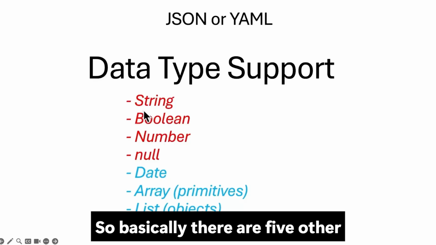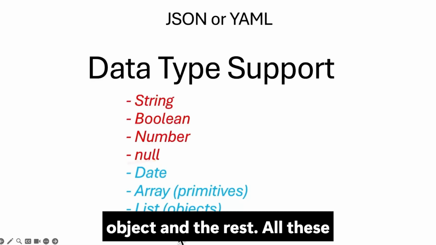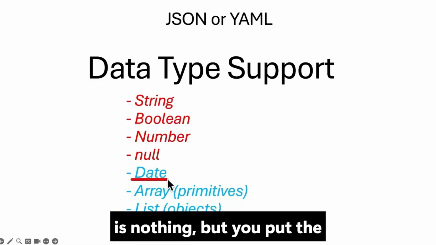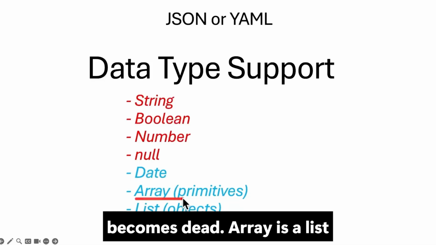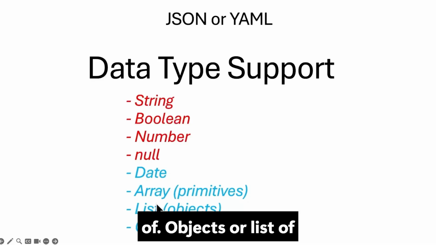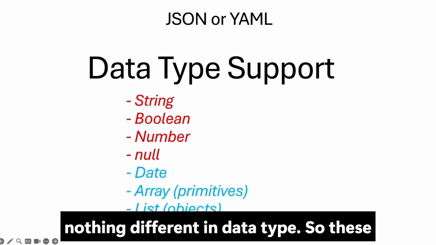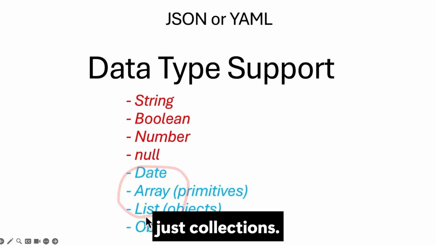So basically there are 5 data types: string, boolean, number, null, and object. The rest are derived data types, like date. Date is nothing but a string in a certain format, and it becomes a date. Array is a list of objects or a list of primitive types. That's an array. So there's nothing different in data type. These are not really data types. These are all just collections.